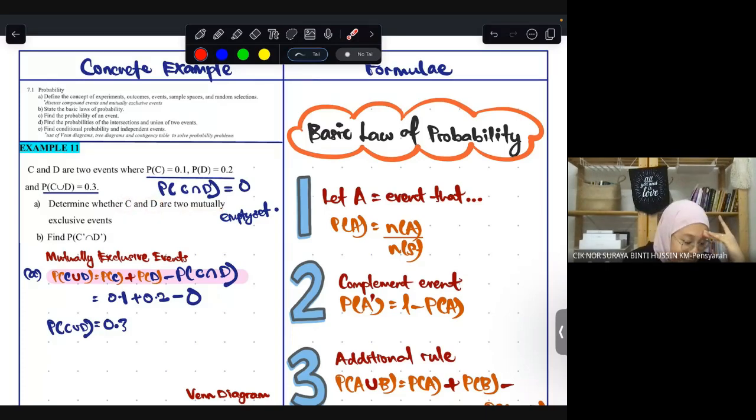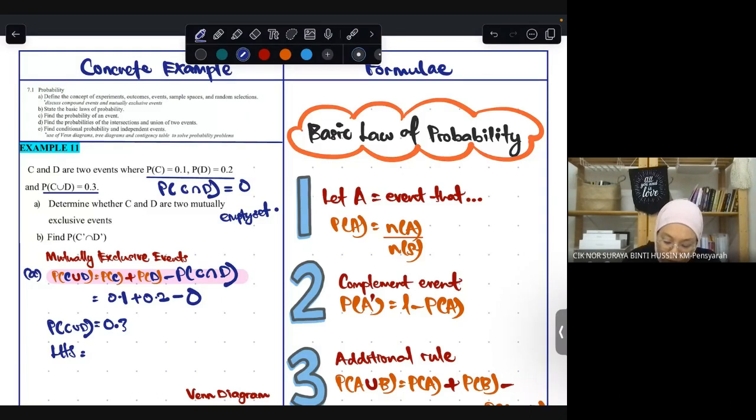So basically, this is just to show. So the left hand side is equal to, according to the formula, this is the left hand side.